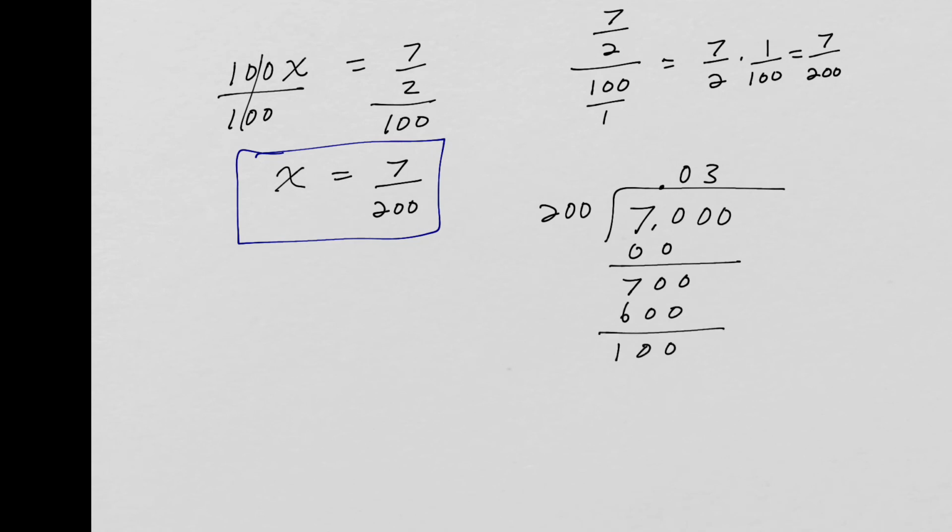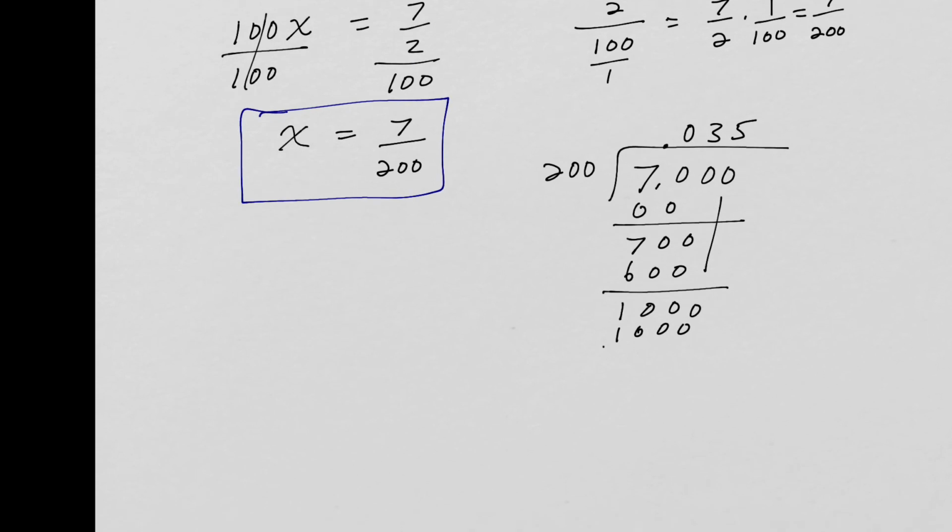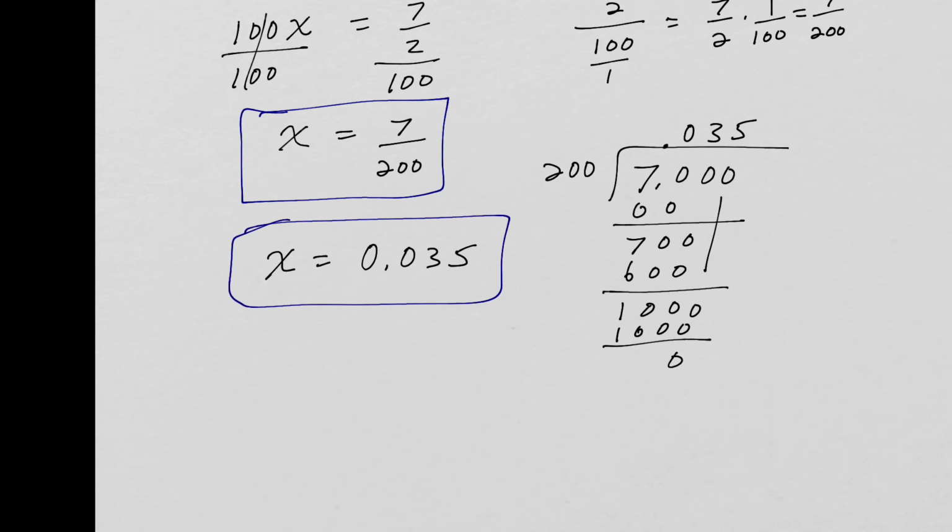Subtract, bring down the next 0. 200 goes into 1,000 5 times. And then I would end up with 0 here. So another way of answering it as a decimal would just be 0.035. Again, either one's correct. Sometimes my open math will be very specific. It will want it either as a fraction or as a decimal. Other times, it doesn't matter how you write the answer.